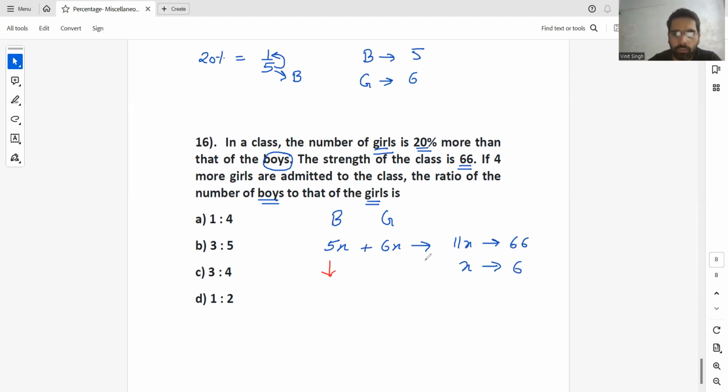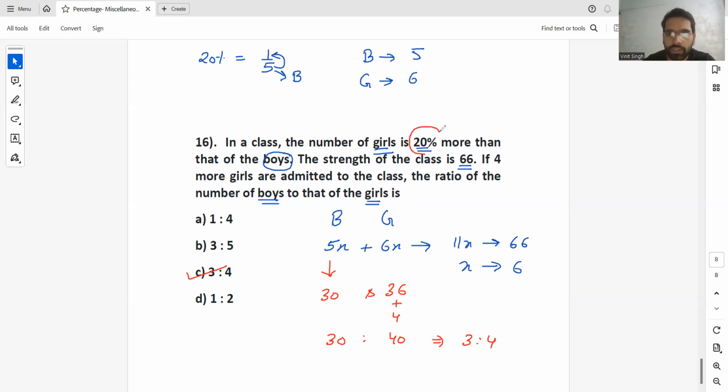So the number of boys becomes 30 and the number of girls becomes 36. If 4 more girls are admitted, the number of girls becomes 40 and the boys remain 30. The ratio of the number of boys to the girls becomes 3:4. Option C will be the right answer.